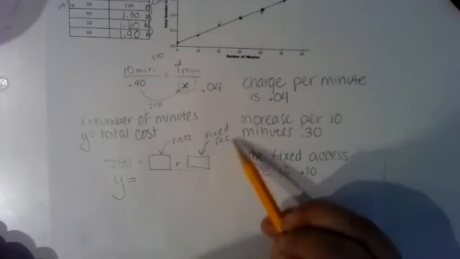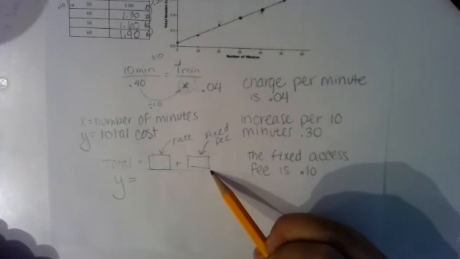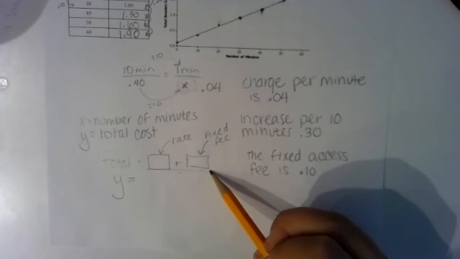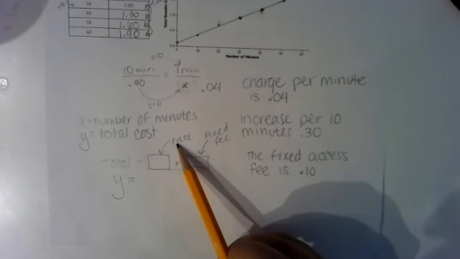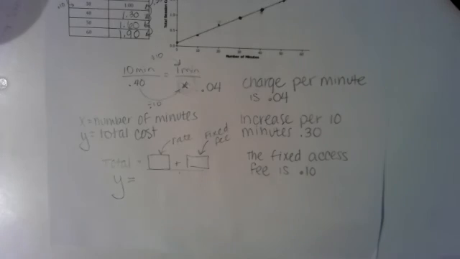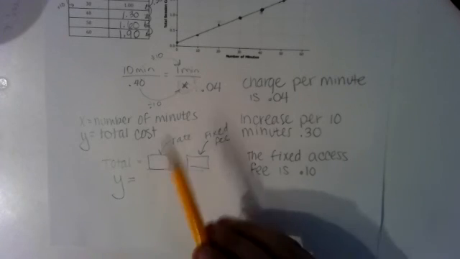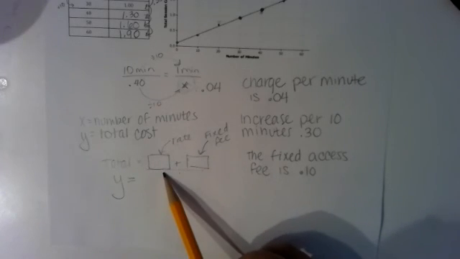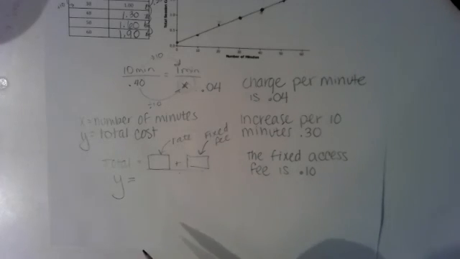My fixed fee is always represented by my constant because that's not going to change. My rate is whatever per whatever, the rate that something's happening. And then my total. So if y is my total, we have that. What is the rate of this plan? How much is Lenore getting charged per minute? 4 cents. 0.04.